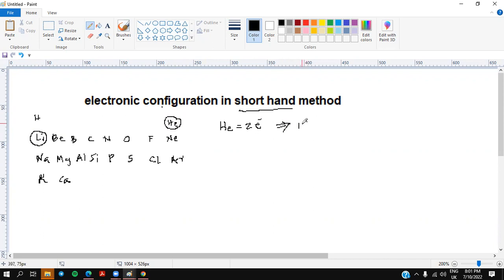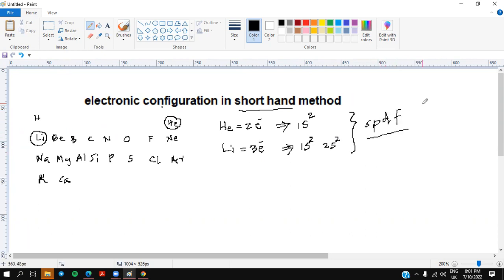It is 1s2. If you go to lithium, lithium has 3 electrons. Its configuration is written as 1s2, 2s1. This is the electronic configuration in SPDF notation.